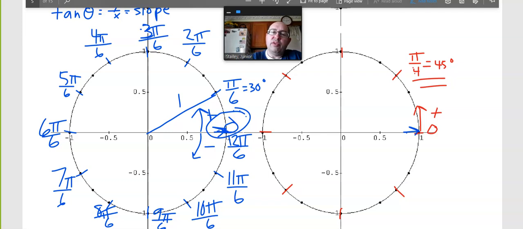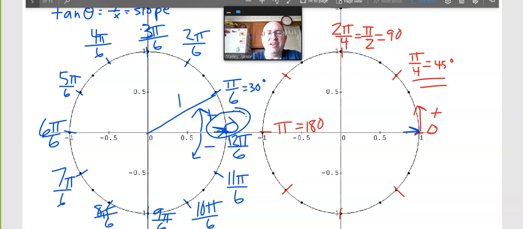Well, then at the top we have 2 pi over 4. Now, you and I both know that reduces to pi over 2. Pi over 2, that's 90 degrees, right? Well, that makes sense because if 1 pi is equal to 180 degrees, then if I cut that in half, that would be 90 degrees. Makes sense.